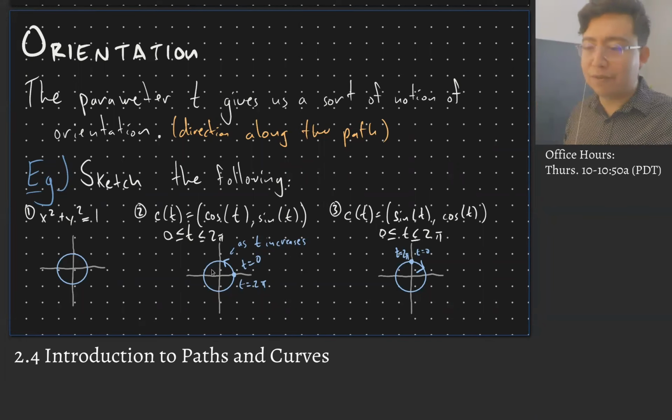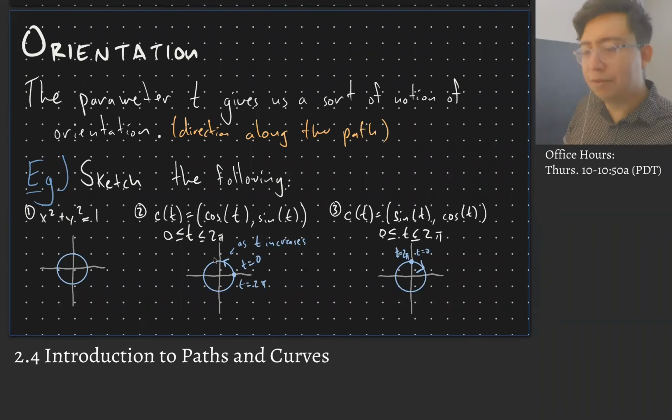If you want to change the radius of your circle, if you remember your polar coordinates, you can just throw the radius in front of the sine and cosine. So if this was 2 cosine and 2 sine, it would be a circle of radius 2. Okay.